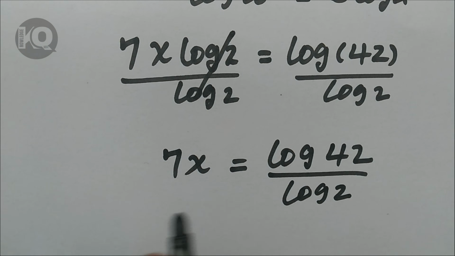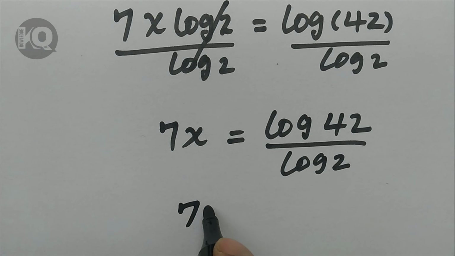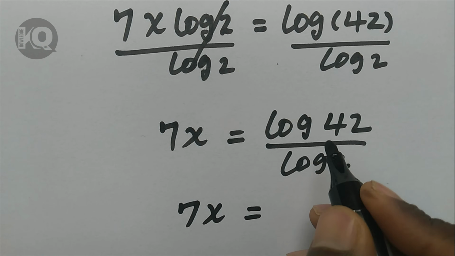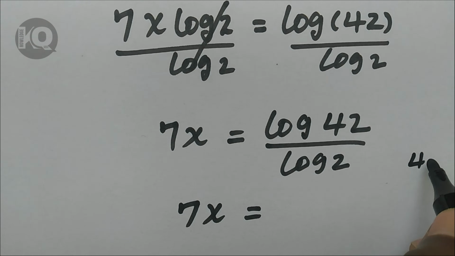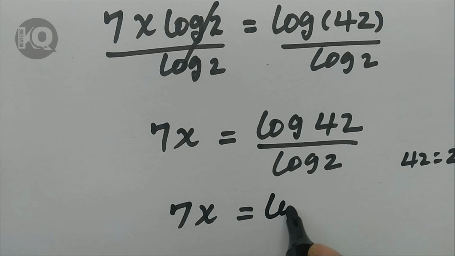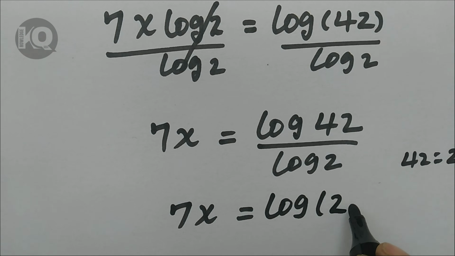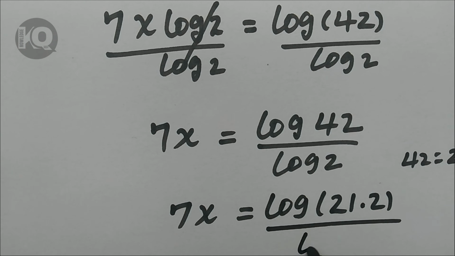Now we can factorize 42: 7x is equal to log of, this 42 can be a product of 2 times 21, so log of 21 times 2, divided by log of 2.